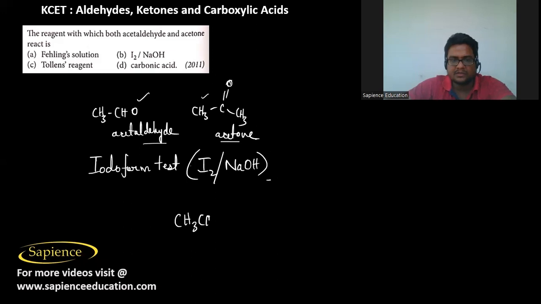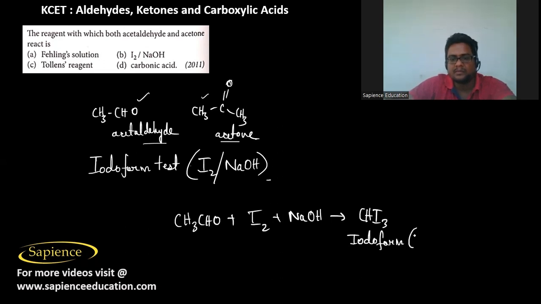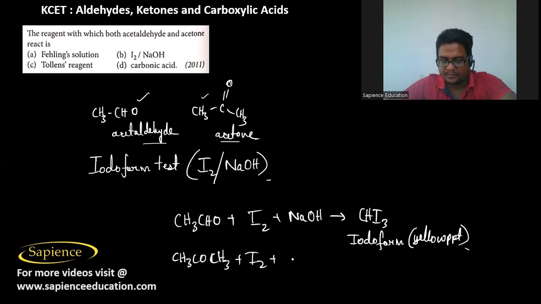So CH3CHO will react with iodine in the presence of NaOH and form CHI3, which is called iodoform and which forms a yellow precipitate. And acetone, which is CH3COCH3, will also give CHI3, which is the yellow precipitate.